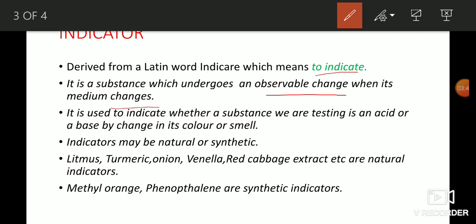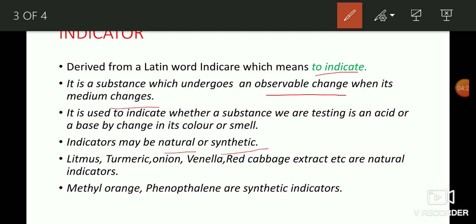So if somebody asks you what is an indicator, you will tell him it is any substance which undergoes an observable change when it is put in a solution of acid or base. So students, indicators are natural or synthetic. Natural indicators are those which are provided to us by nature.